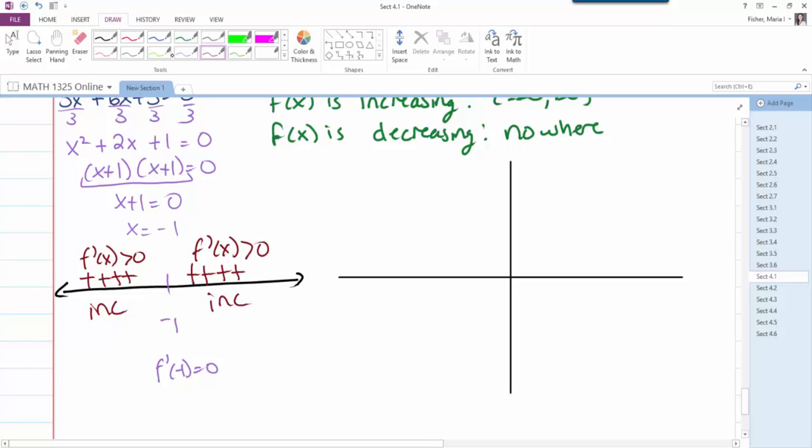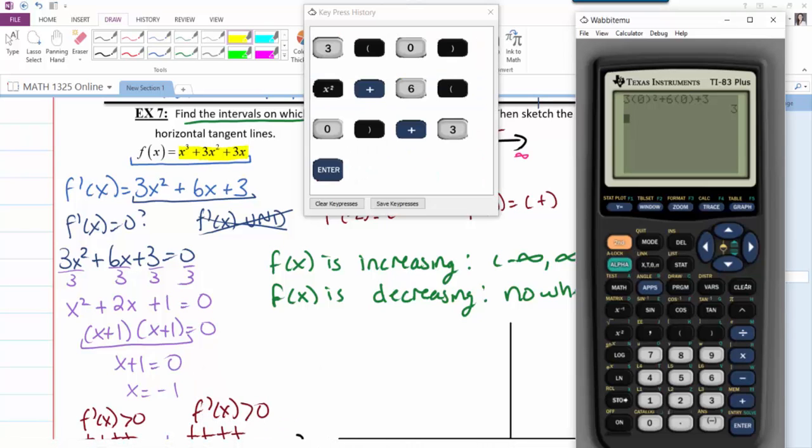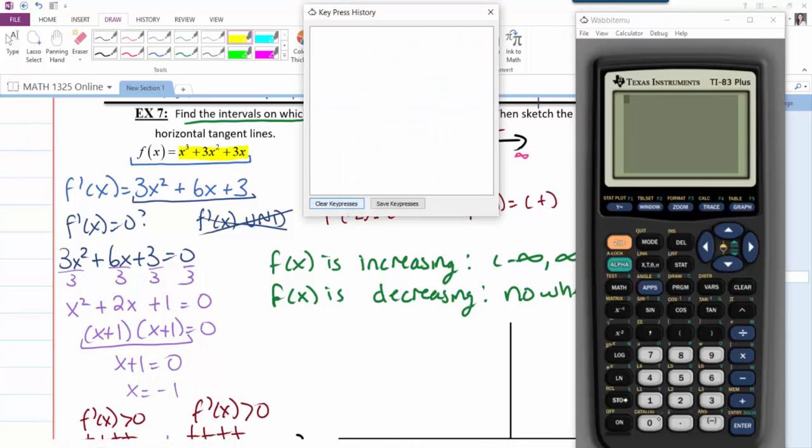So here, let's figure out where to put negative 1. Well, how do I find where to put negative 1? To find where to put negative 1, let's find the function's value at negative 1. Recall our function is x cubed plus 3x squared plus 3x. So grab a calculator, let's figure out what that value is.